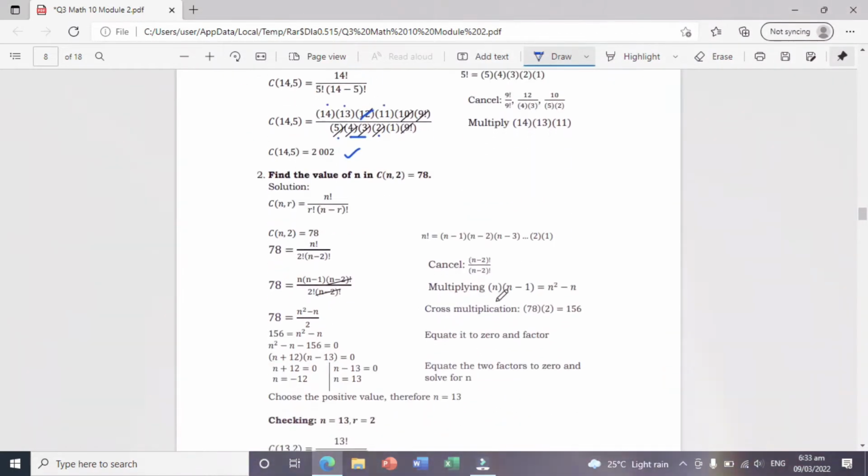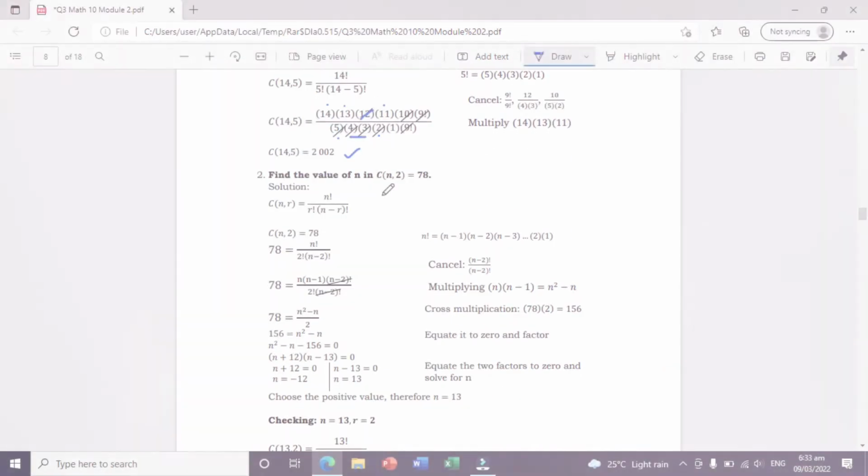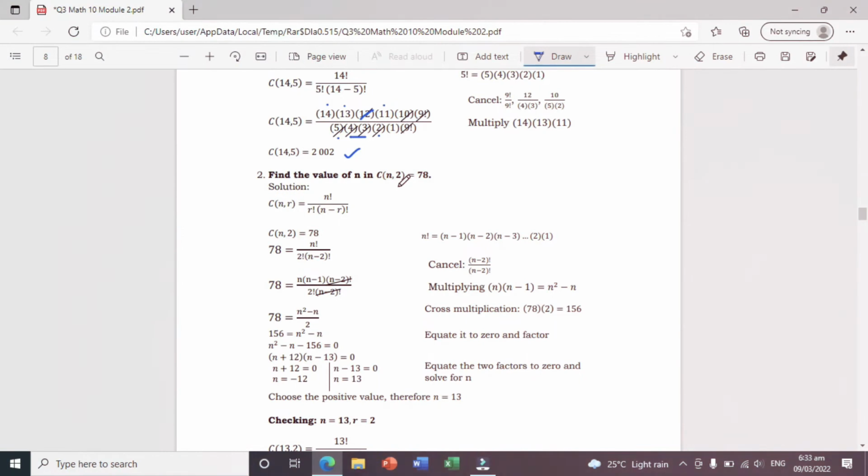Number 2. Find the value of n in C(n,2) equals 78. What is the value of n that we put here to make it equal 78? Algebraically, this will be our solution. C(n,r) equals n factorial over r factorial times n minus r factorial.